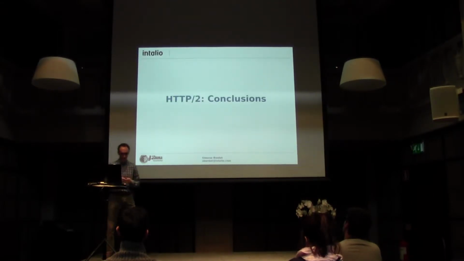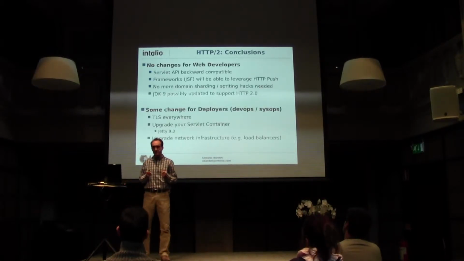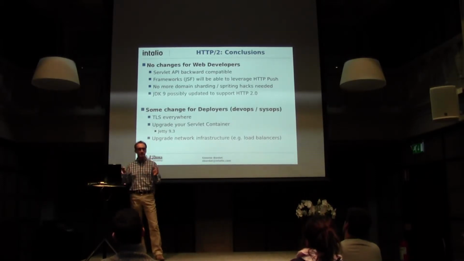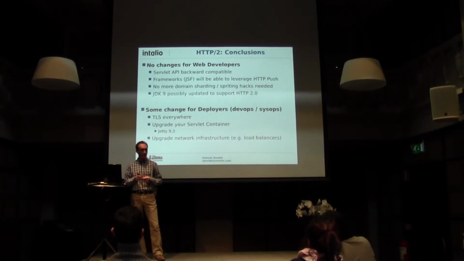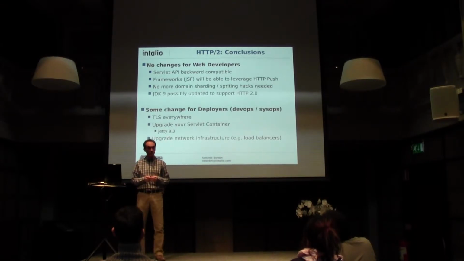Okay. So conclusions for these sessions. The key thing is that you don't have to change anything if you're a web developer. It's already there. Servlet API will be backward compatible. Frameworks could use the push API to give your website even more performance. No more hacks needed to work around the HTTP one-to-one limitations.